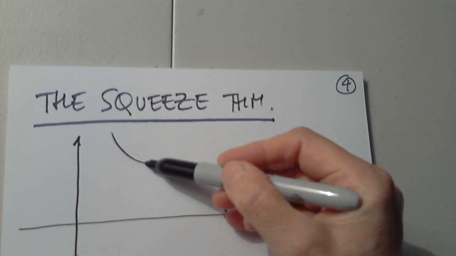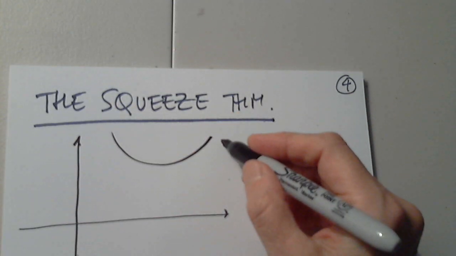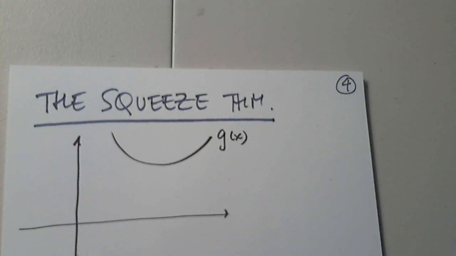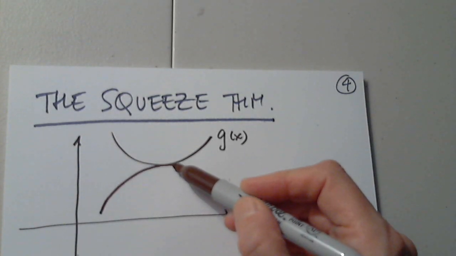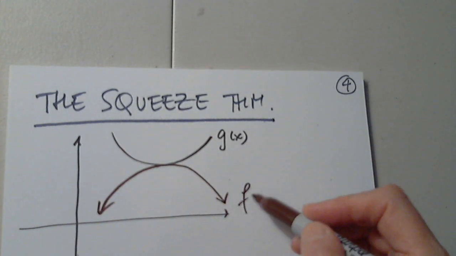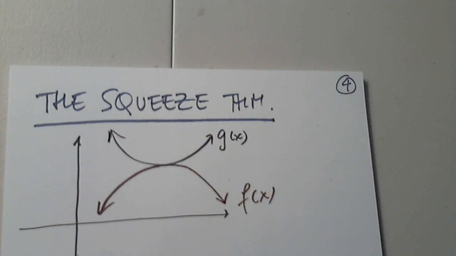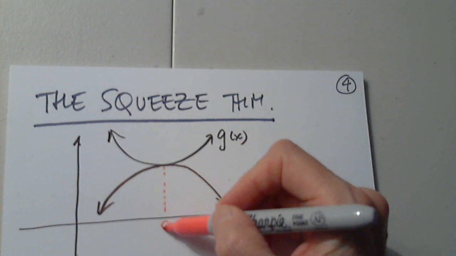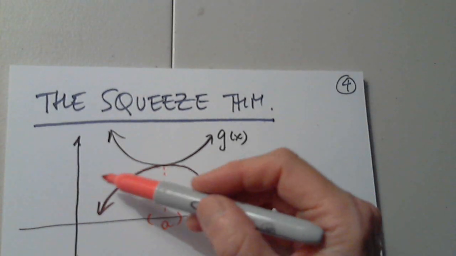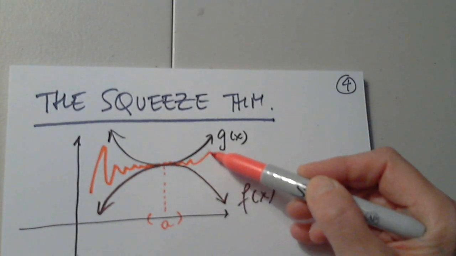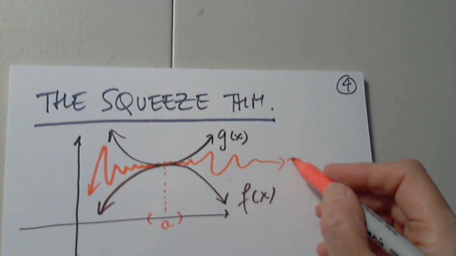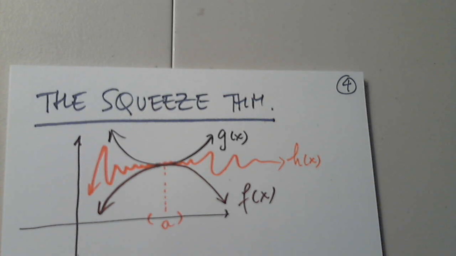Let's suppose I have a function g of x, a function f of x, and a function h of x, near a.